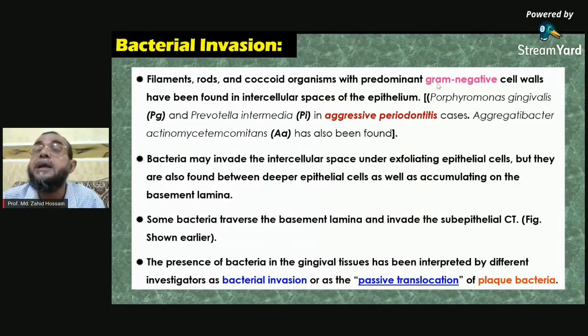Remember, in gram staining, gram negative is usually pink or red, and gram positive is bluish or violet. It depends upon the bacterial cell wall pattern.